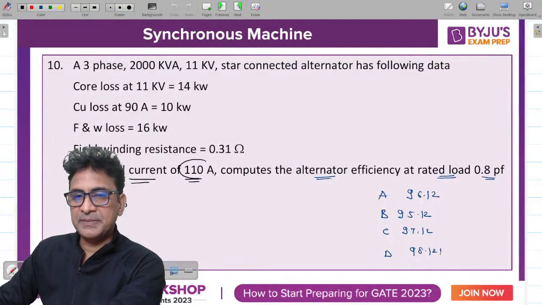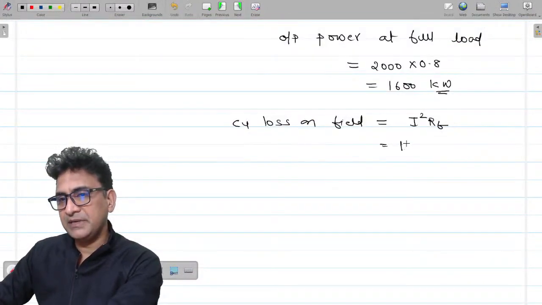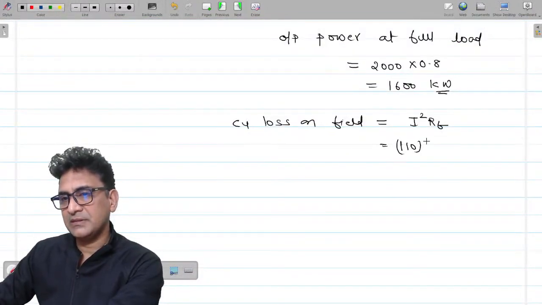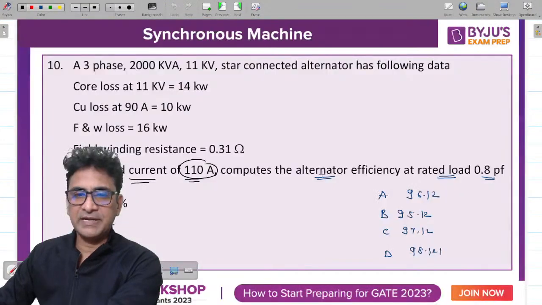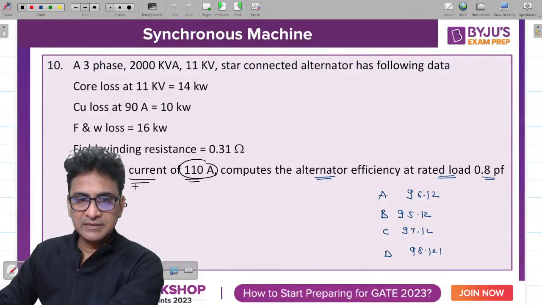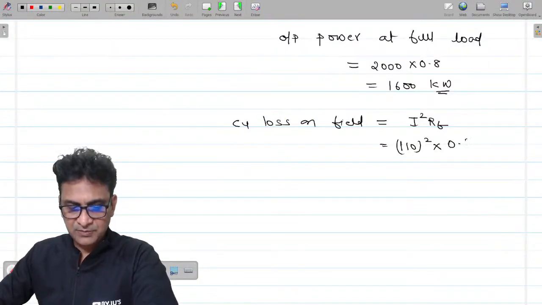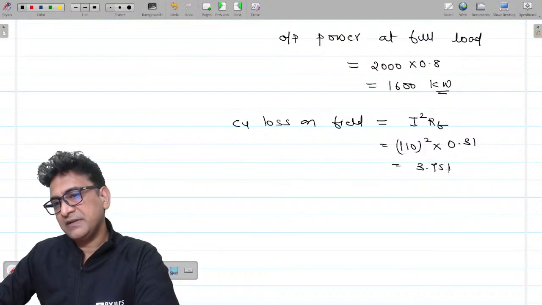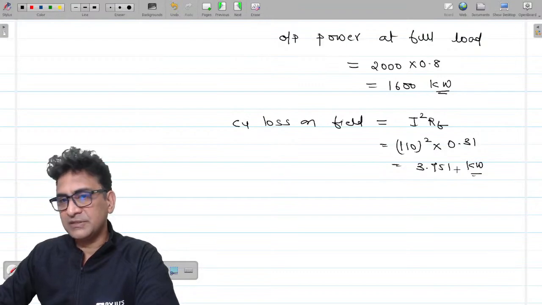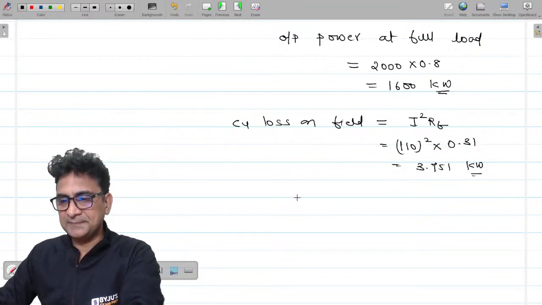So 110 ampere DC current is flowing in the rotor winding, and its resistance is 0.31. So it is 3.751 kilowatt. I have converted it into kilowatt. This is the copper loss in the field winding.